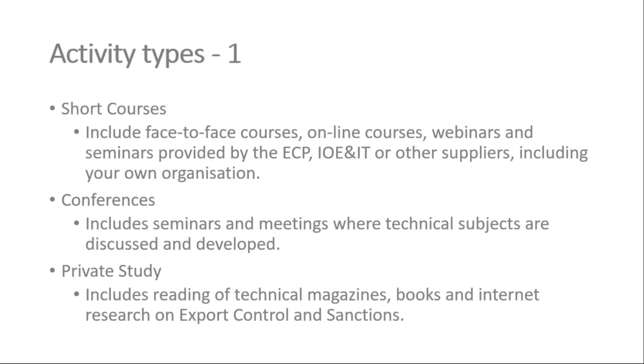So in terms of short courses, including face-to-face courses, online courses, webinars, such as today's webinar, seminars, these could be provided by the ECP or the IOE, as Kevin has already described, or other suppliers such as ECJU and so on, commercially available courses as well.